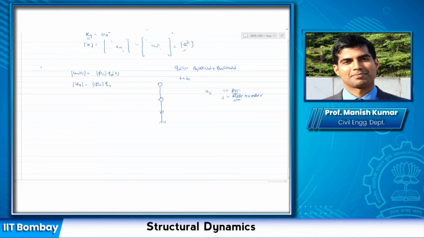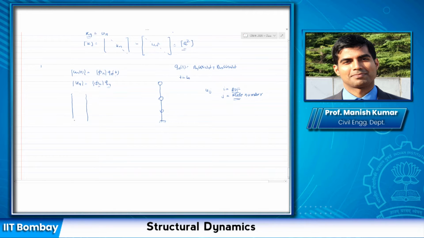So when I say u_n, I am only talking about the contribution of the nth mode to the displacement at each degree of freedom. If I write it like this, it would be u_1n, u_2n, up to u_nn, and that is equal to phi_1n, phi_2n, up to phi_nn times q_n. The same goes for phi_ij, or any other response quantity.